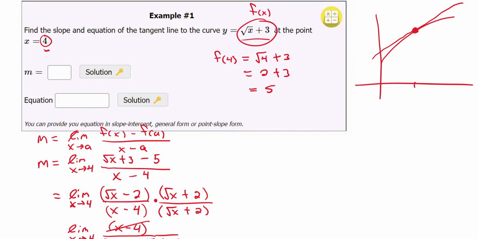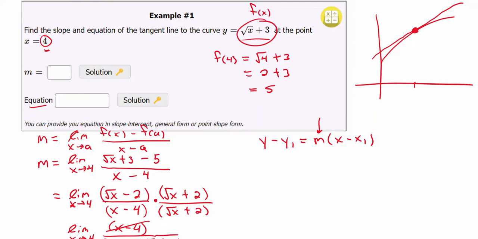And now the second part here says, what's the equation of that line? All right, so the equation of that line, what would we need? Well, if we used the point slope form equation, y minus y1 is equal to slope times x minus x1, if you remember that from math 10, then all we really need here is the slope of the line, which we just found when we found the limit there.